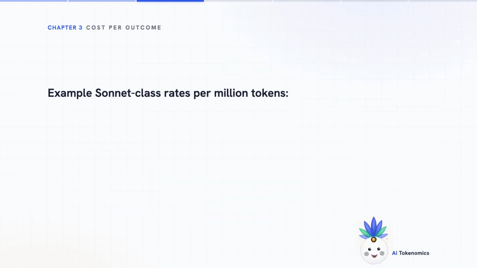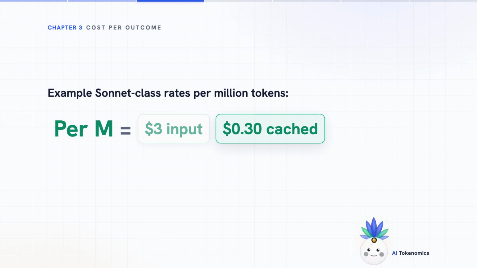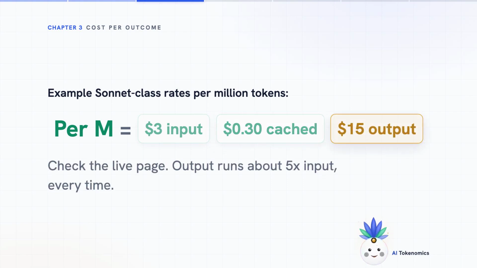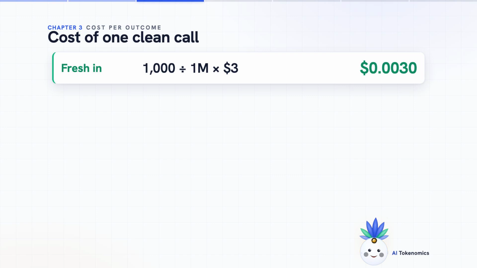Now the prices, and these are example rates, so check the live page. $3 per million input, 30 cents per million cached input, $15 per million output. Notice output runs about 5 times input, like it always does. Let's run it. Fresh input, 1,000 over a million, times $3, that's 3/10 of a cent.